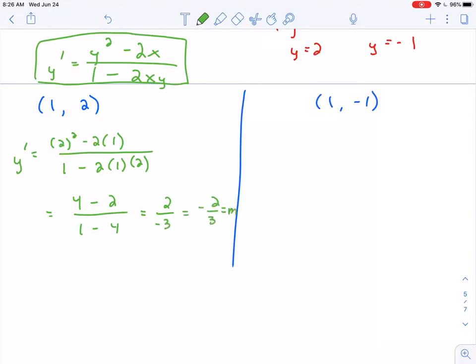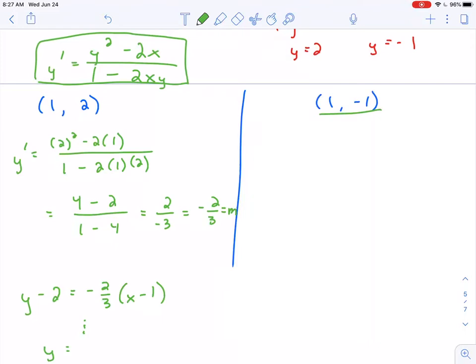Remember that this is the slope of your tangent line. So if I wanted to write the equation of the tangent line at (1, 2) with a slope of negative 2/3, I would have y minus 2 equals negative 2/3 times x minus 1. And again, you would take that and just solve it for y. I'll leave that for you to do.